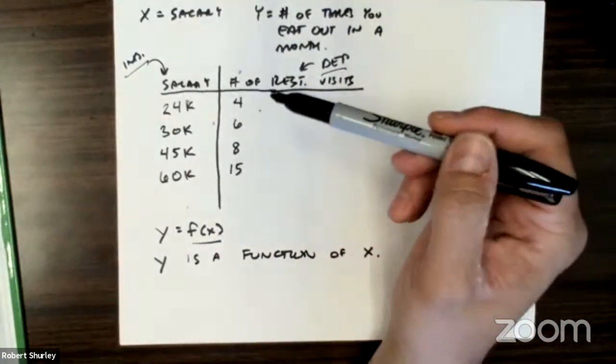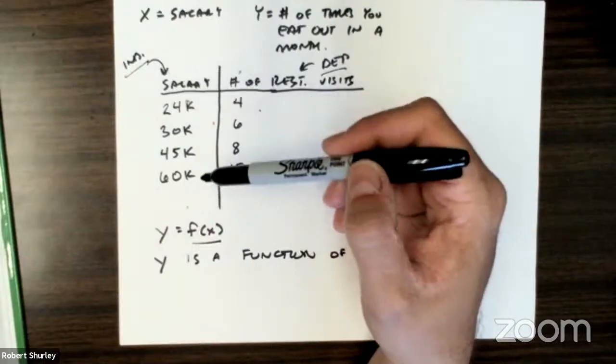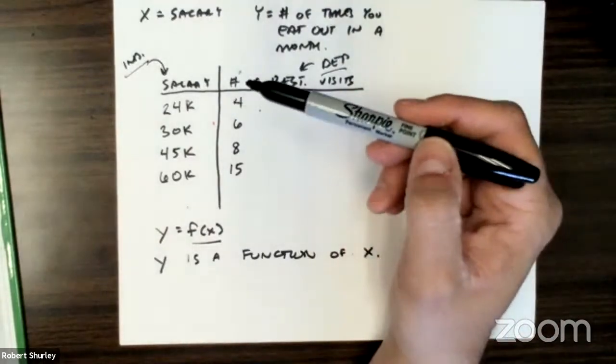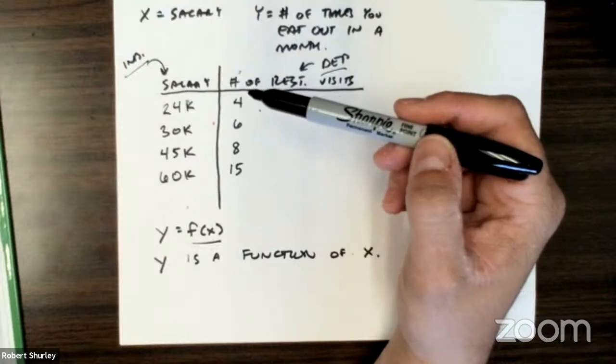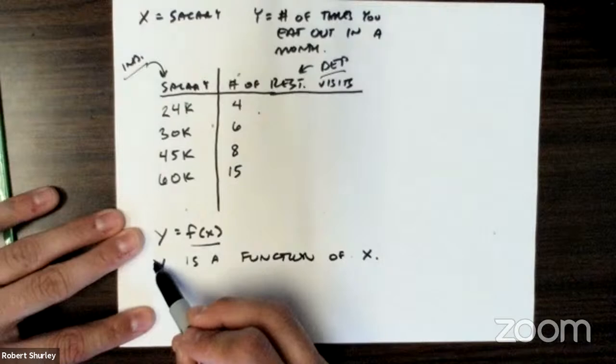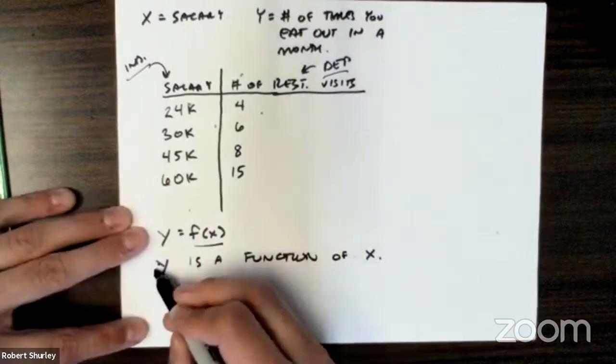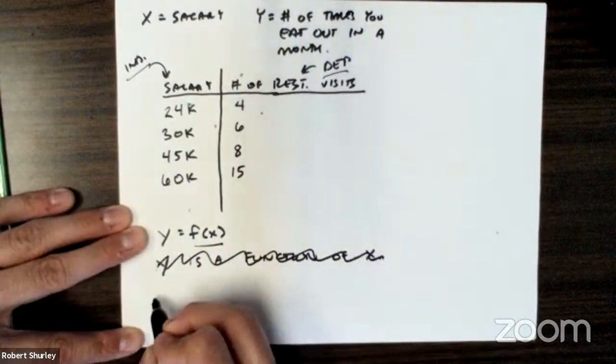Salary is a function of the number of, I'm sorry, hold on. I got this backwards. Maybe x is a function of y. The dependent. Yeah, I got this backwards. Sorry, guys.